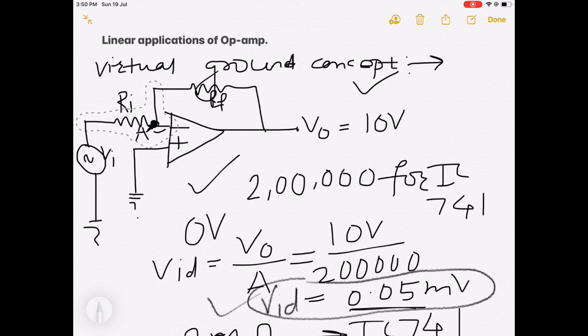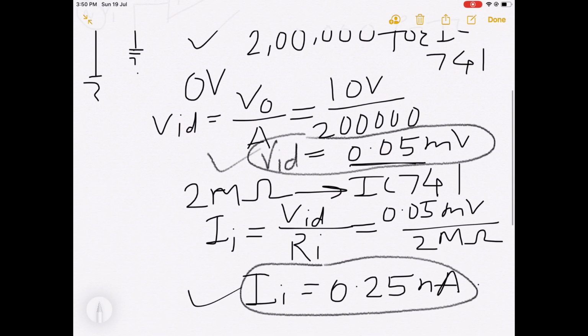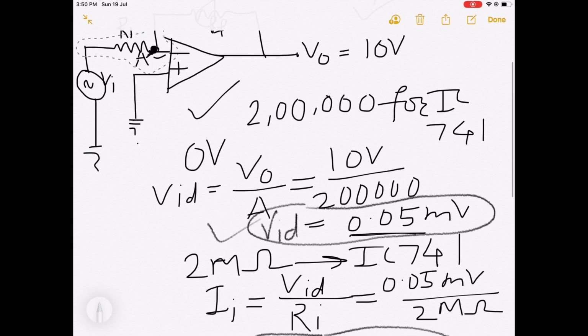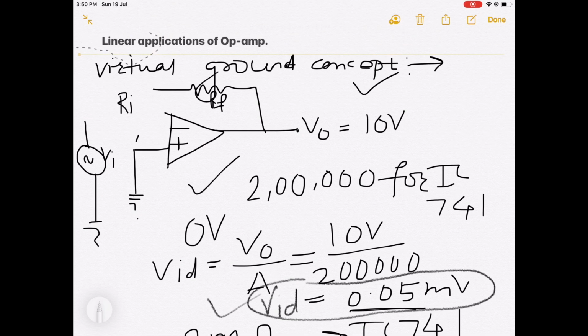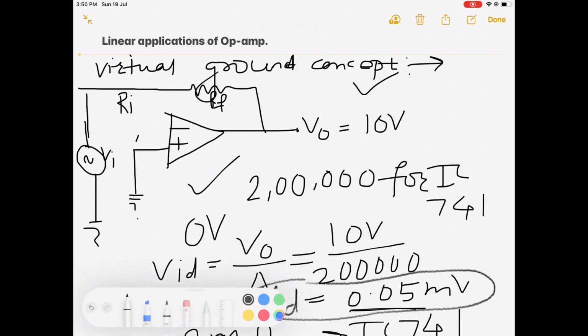The term virtual ground signifies a point whose voltage with respect to ground is 0 and yet no current can flow into it. That is why virtual ground concept is nothing but that whatever voltage is present at the non-inverting terminal, the same voltage will be present at the inverting terminal of op-amp.